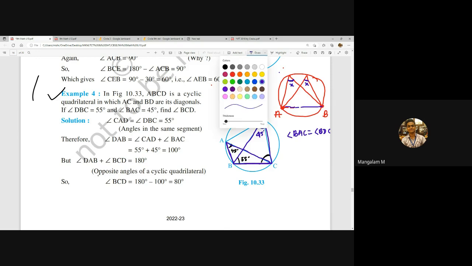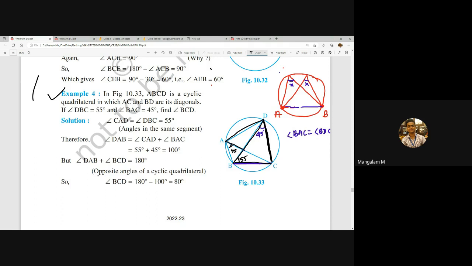Similarly, you can also see that this is the base DC. From base DC, this is 55 degrees, given. From base DC there is an angle DBC, and also an angle DAC.